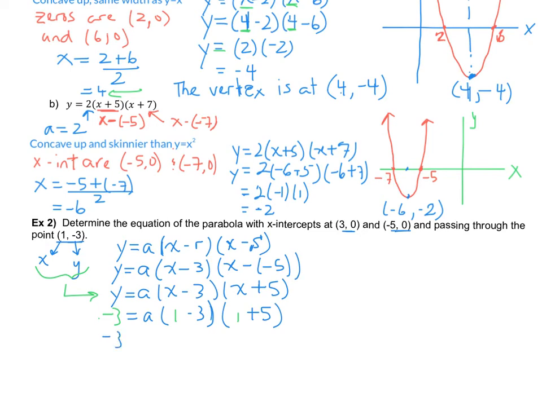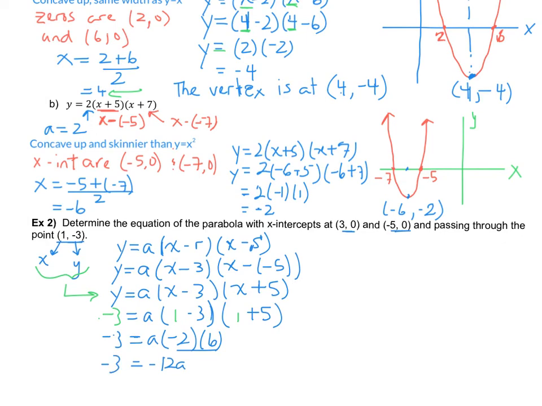Now we're going to tidy up those brackets, and we're going to change the 1 take away 3 to be equal to negative 2. So I'm just evaluating that, and 1 plus 5 is equal to 6. Now negative 2 times the 6 is going to give us negative 12. Negative 12 times the a would be negative 12a. And that's equal to negative 3.